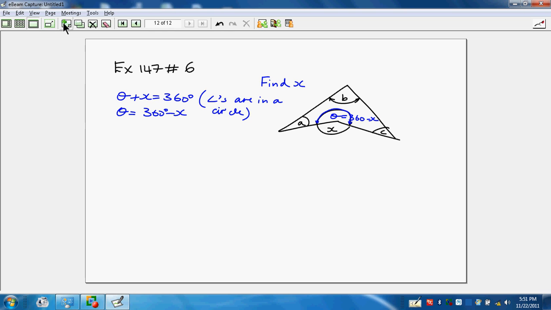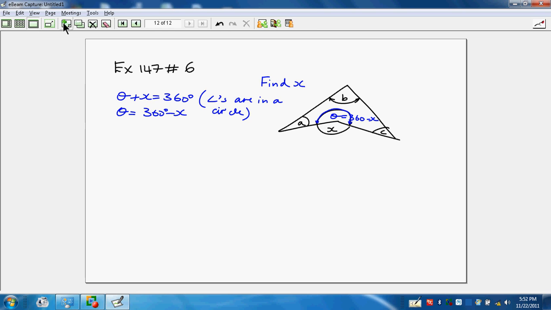Then we could use the fact that inside of that shape, whatever it may be, the sum of the internal angles must be equal to something, and we have the formula for working out the sum of the internal angles of an n-sided polygon.